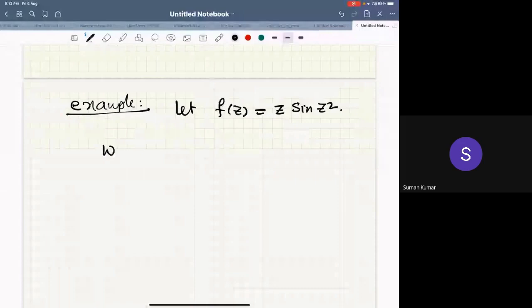We know that sin z square is nothing but z square minus z to the power of 6 by 3 factorial plus z to the power of 10 by 5 factorial and so on.